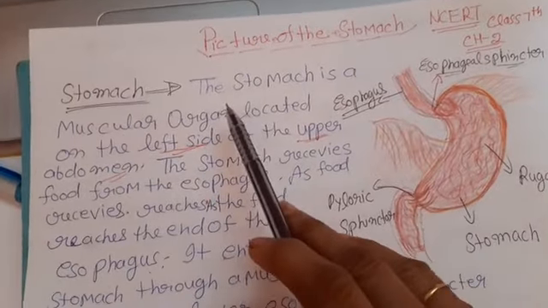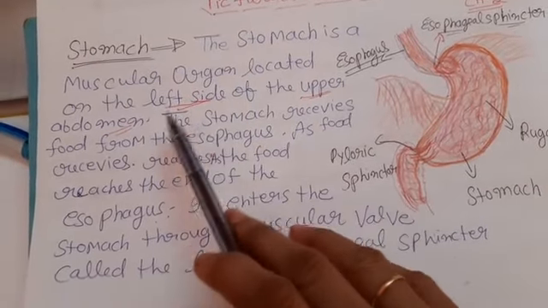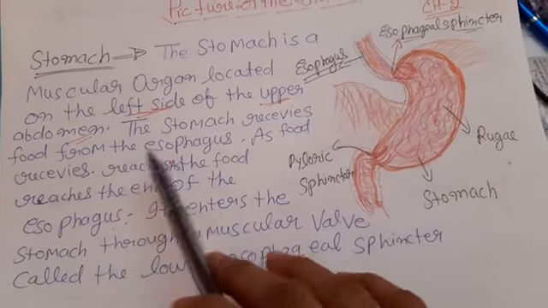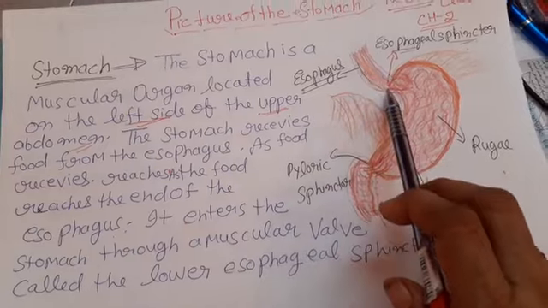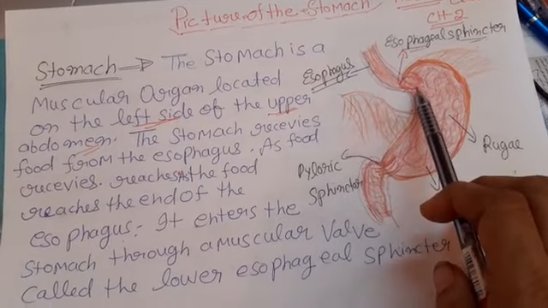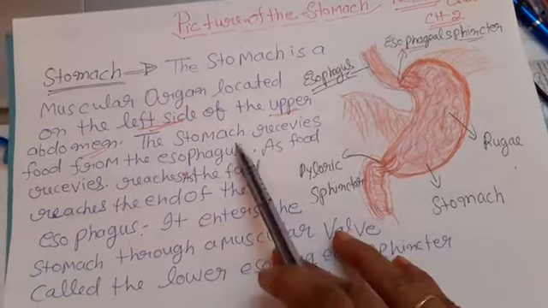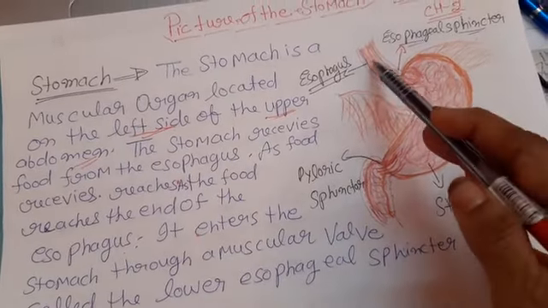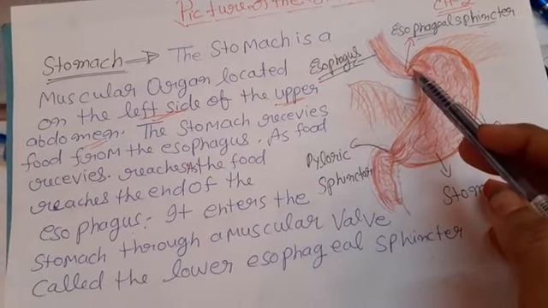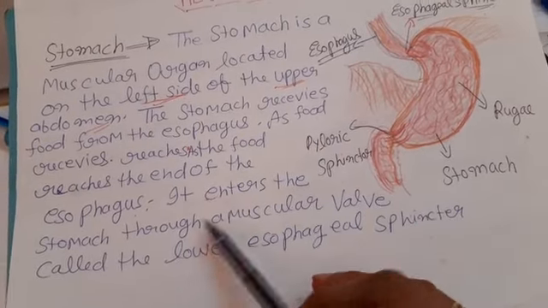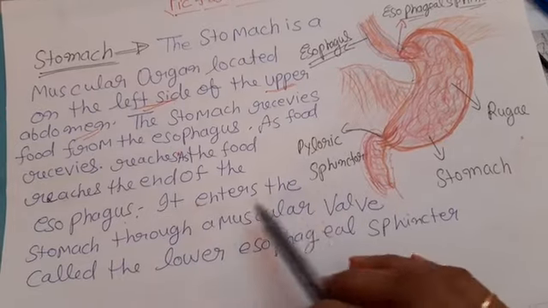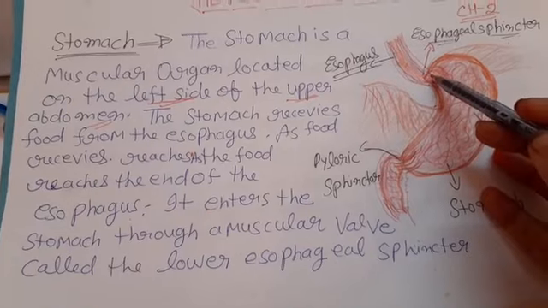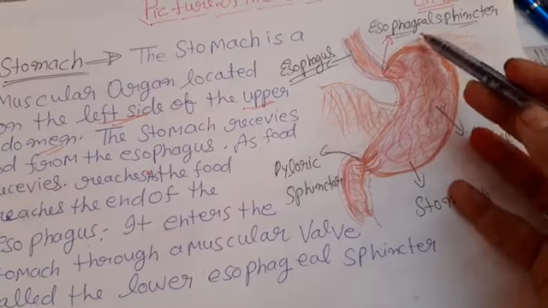So let's revise. The stomach is a muscular organ located on the left side of the upper abdomen. The stomach receives food from the esophagus. As the food reaches the end of the esophagus, it enters the stomach through a muscular valve called the lower esophageal sphincter.